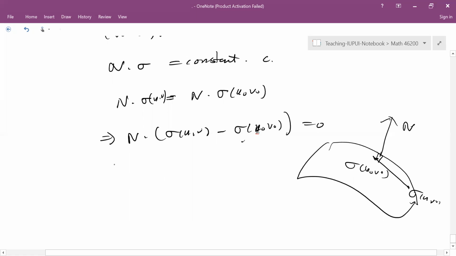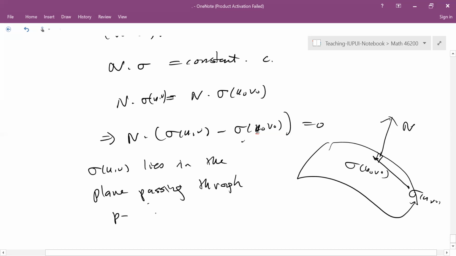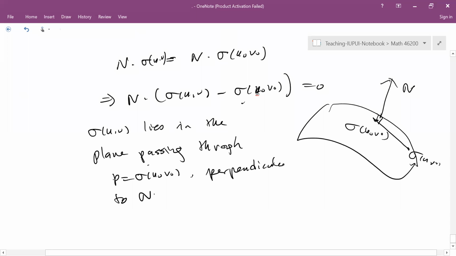So that means this lies in the plane passing through the point P, which is fixed, and perpendicular to N. In other words, this is a plane, the tangent plane.